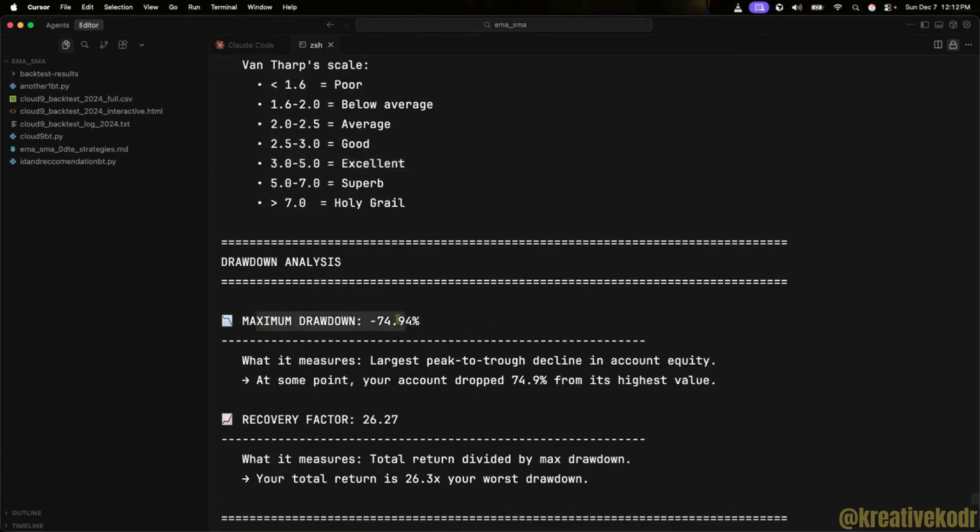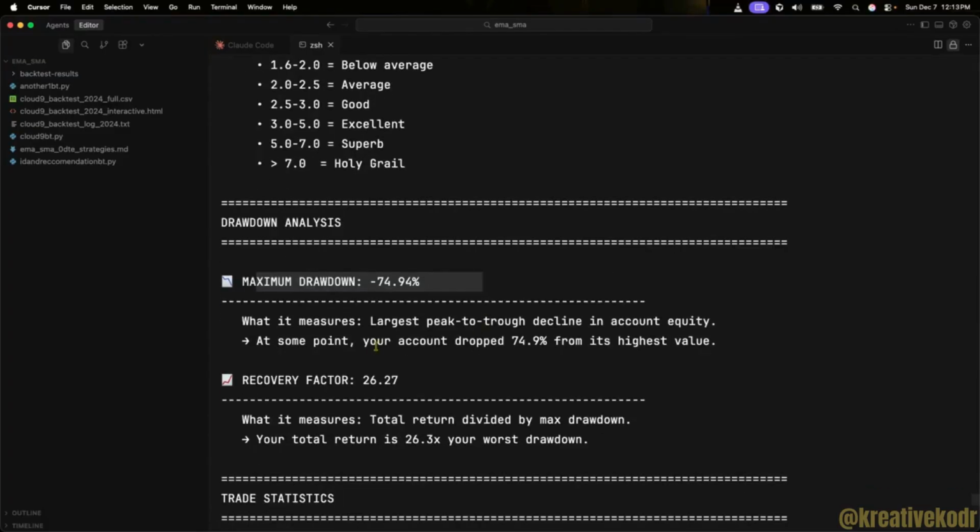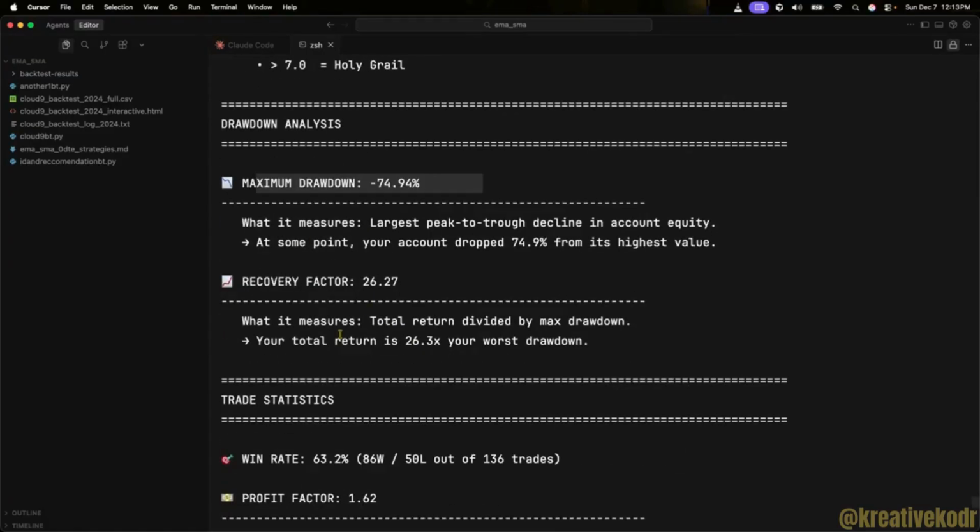Our drawdown is still kind of high, right? So at one point in time, the strategy went from $100 to 2406 or so. Recovery factor measures the total return divided by the maximum drawdown.